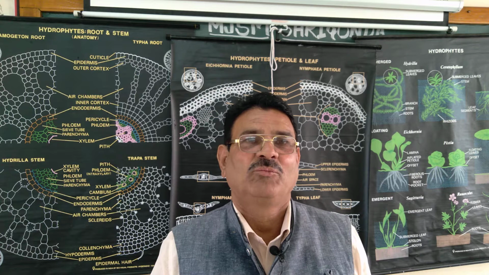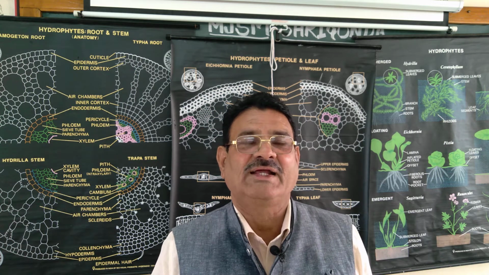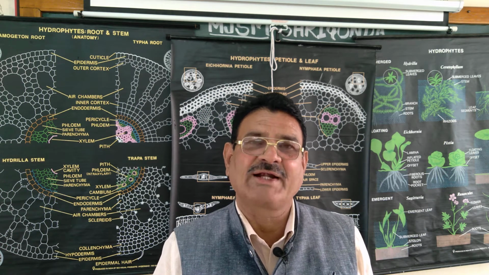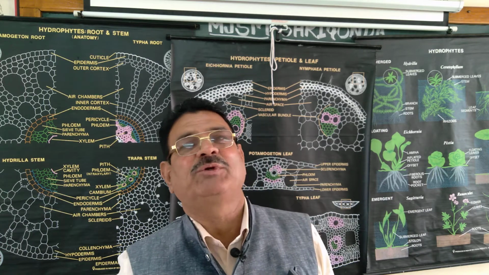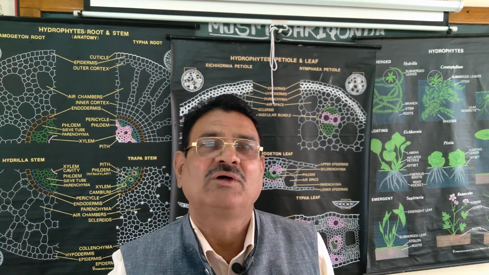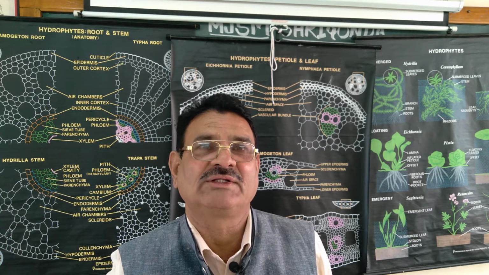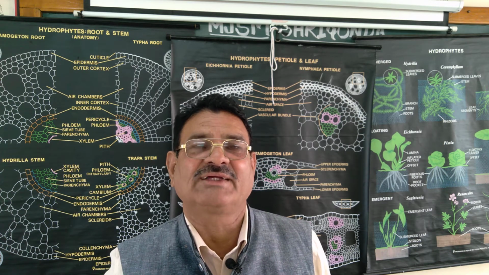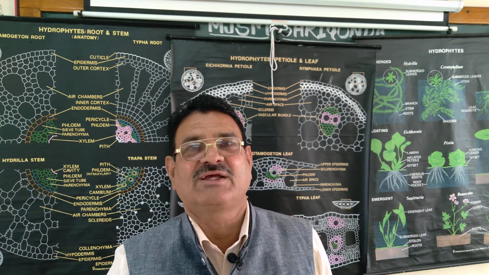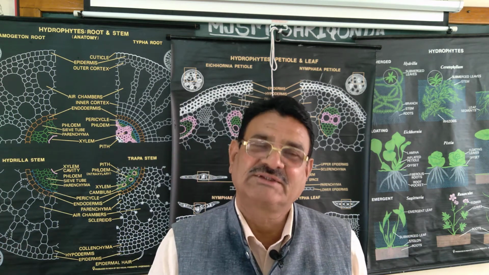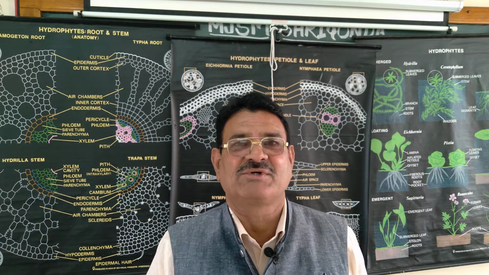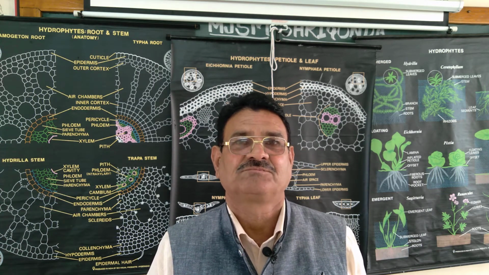Core course BO 231, taxonomy of angiosperms and plant ecology BO 232, carry 2 credit points, and practical is based on BO 231 and BO 232. Core course BO 233 carries 2 credit points. Total semester 3rd carries 6 credit points and semester 4th carries 6 credit points. Total SY BSc CBCS syllabus carries 12 credit points.